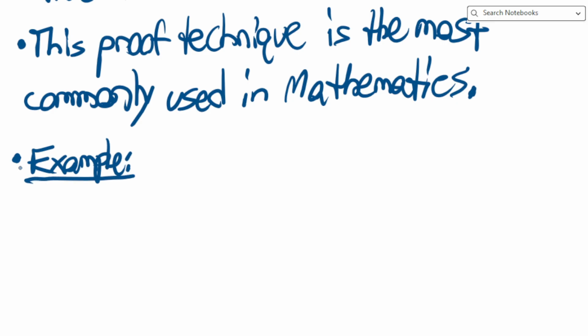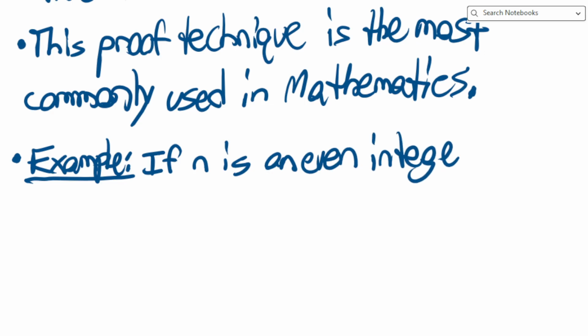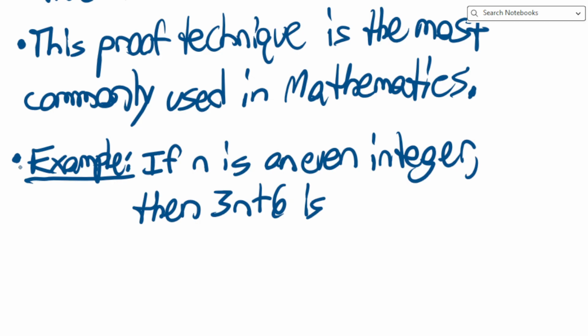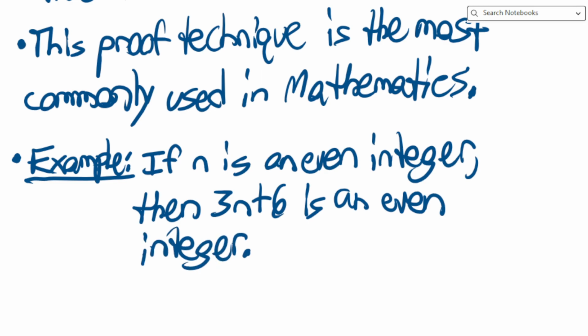Let's say we are given this proposition: if n is an even integer, then 3n plus 6 is an even integer.